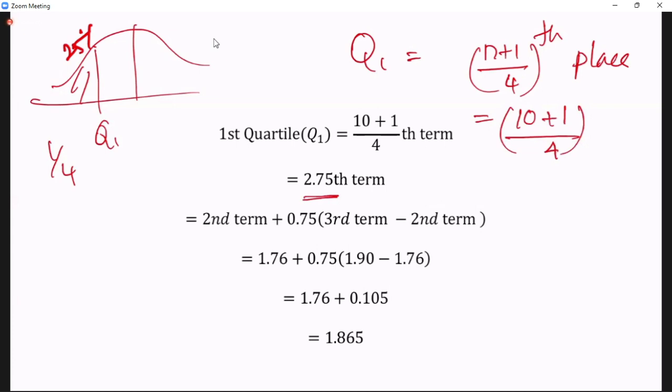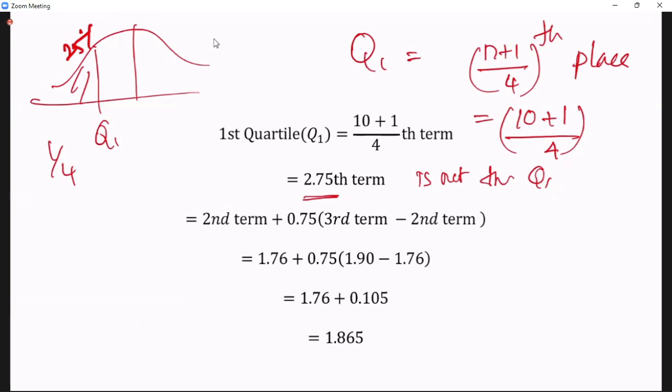Now, 2.75 is not the Q1. That is the place where Q1, the first quartile, lies. Therefore, you need to find that place from the data list, 2.75.